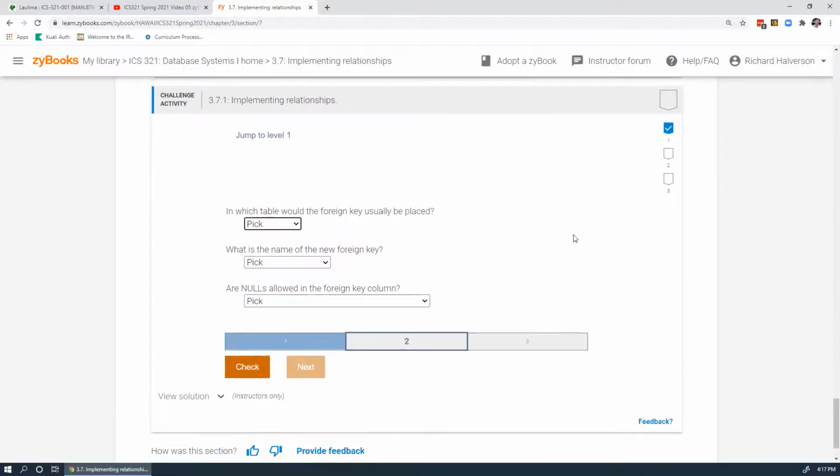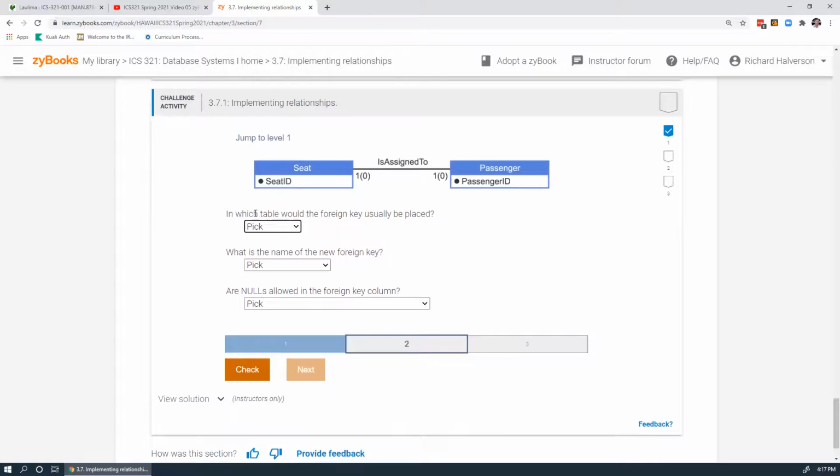The second one is, in which table would the foreign key usually be placed? Well, this is one-to-one. This is a seat and a passenger. I think it really matters. In which table would the foreign key be placed? I guess in the seat.